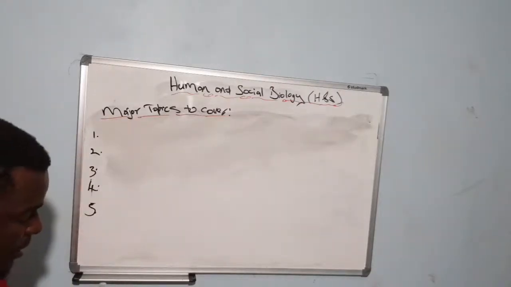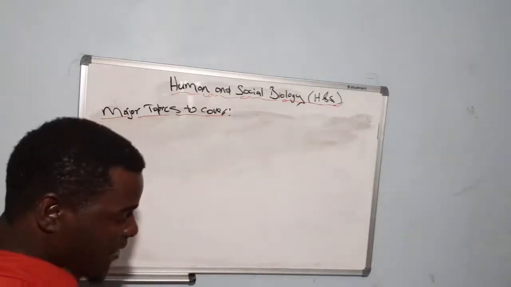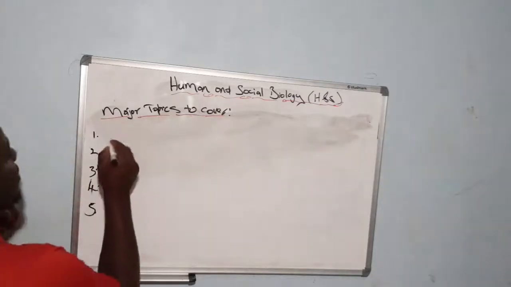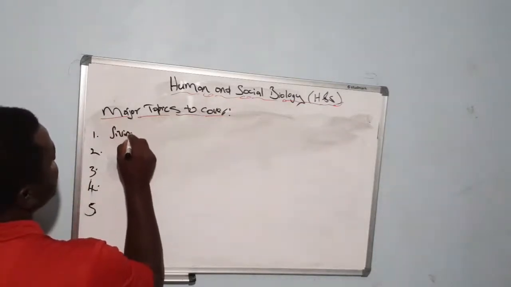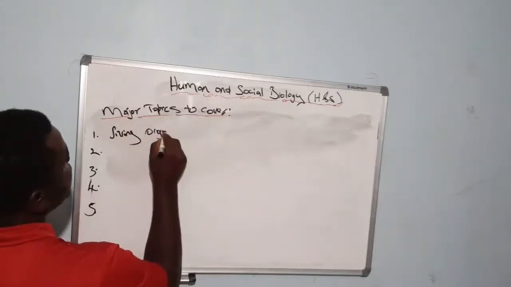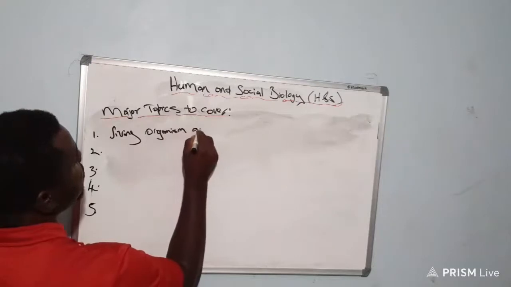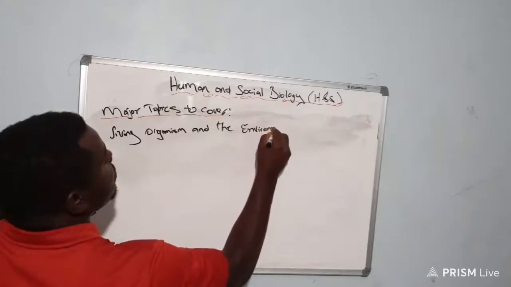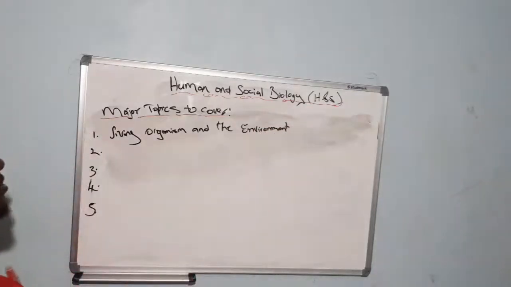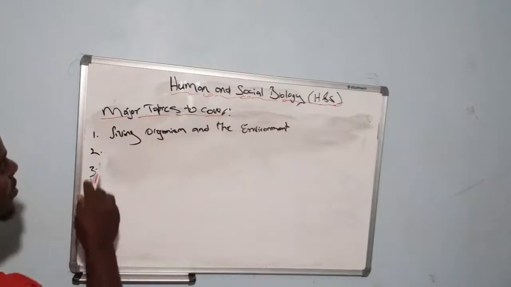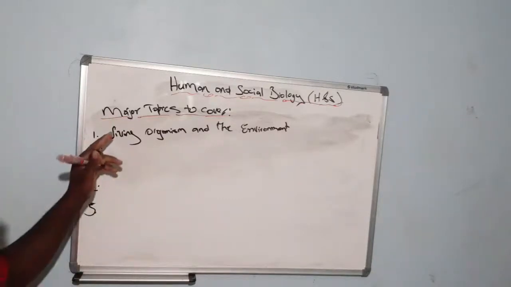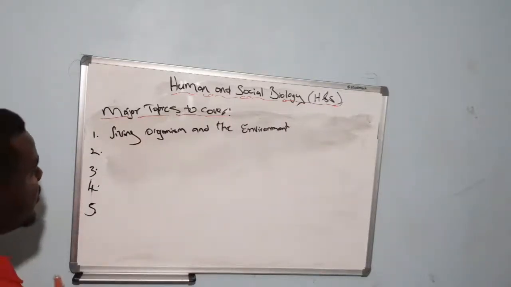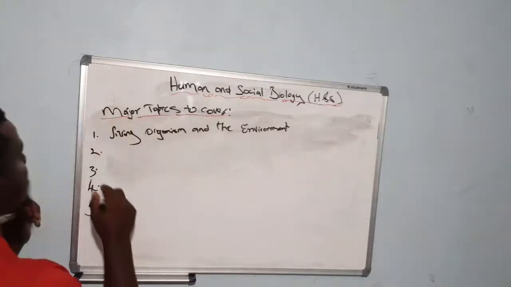The first on our list we have living organism and the environment. There will be a lot of subtopics underneath this topic. And the second up we have life processes.